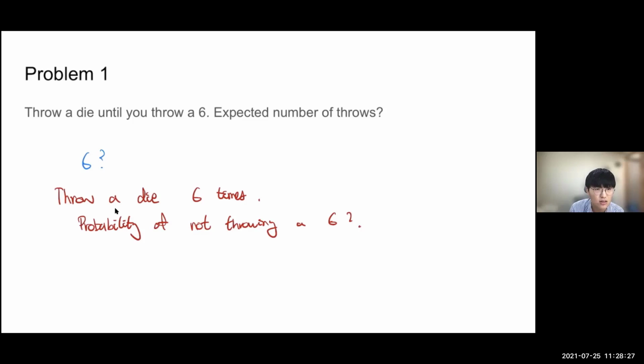Okay, maybe a different example would be something like: you throw a coin repeatedly until you throw 2 heads in a row. What will be the expected number of throws here? And why is it 4?